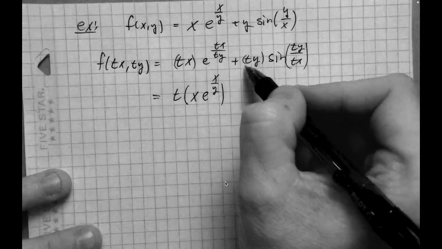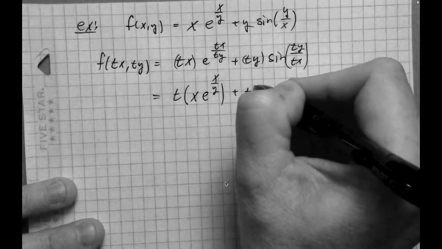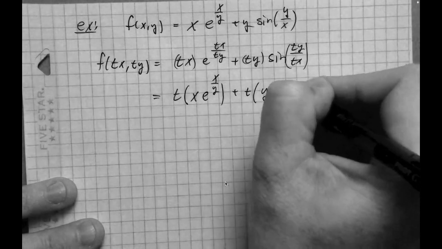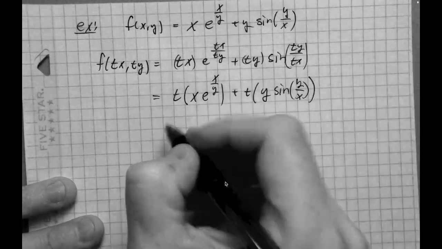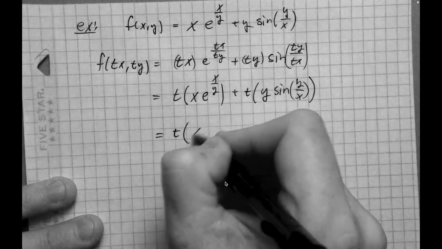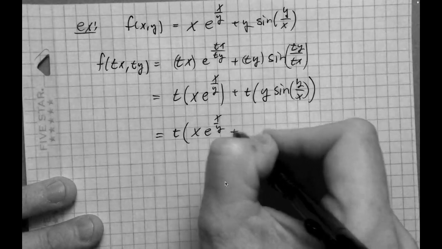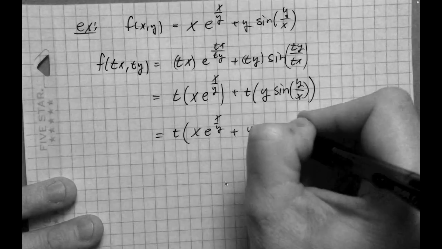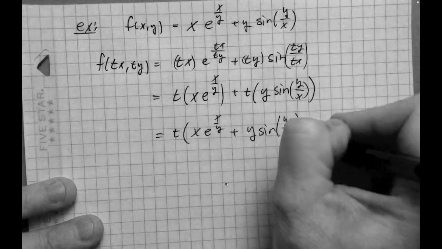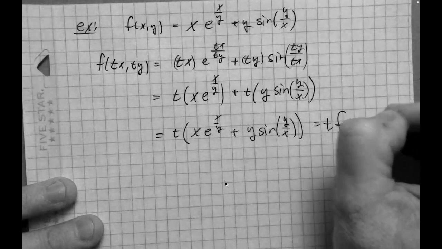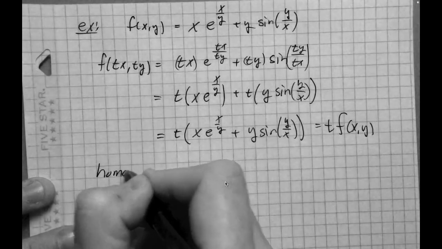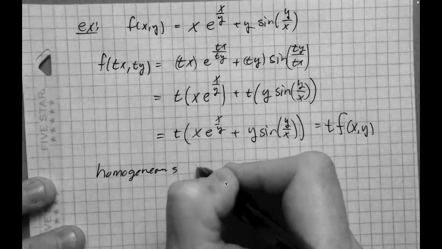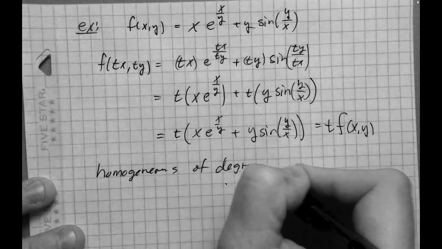Same thing here: a t out front, and you're left with y sine of y over x. So you get t times x e to the x over y plus y sine of y over x, which is t times f of x, y. So this is homogeneous of degree 1.